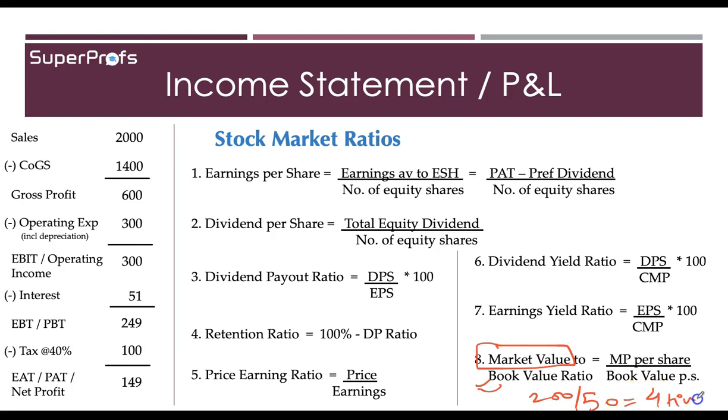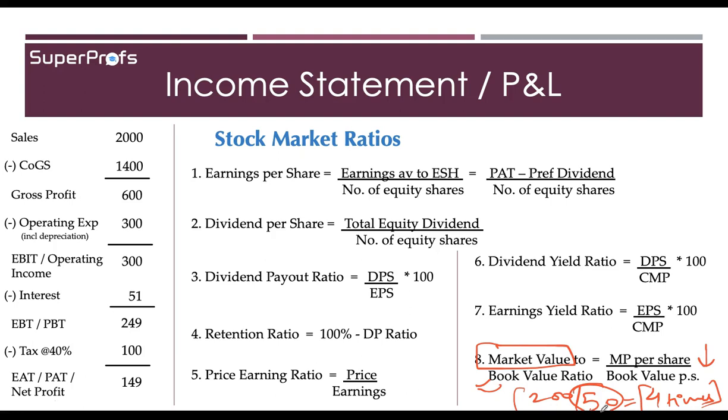What does this mean? This means that the trading of the shares is going on at 4 times the theoretical book value. That the share is being sold and traded at 4 times the value of what has been calculated based on the assets and the net worth.